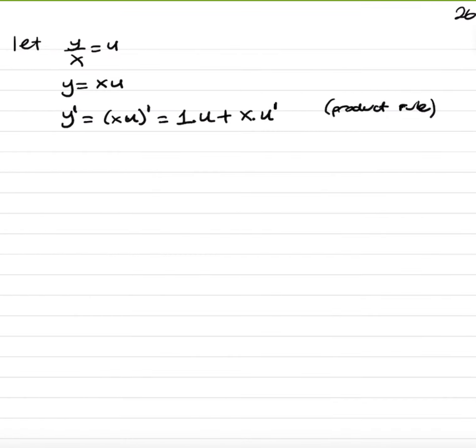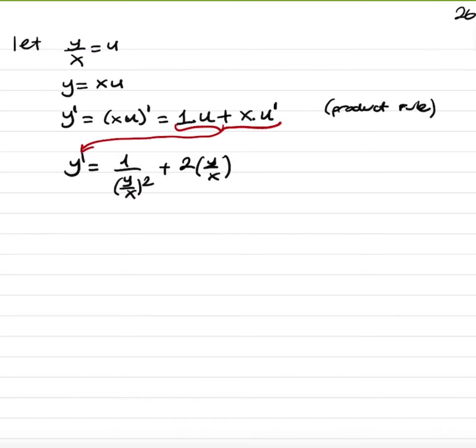Okay, let me write it here. y prime was equal to y over x square plus 2y over x. And we will put y prime in this term. So u plus x u prime is equal to 1 over u square plus 2u.